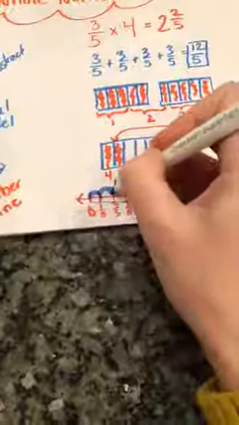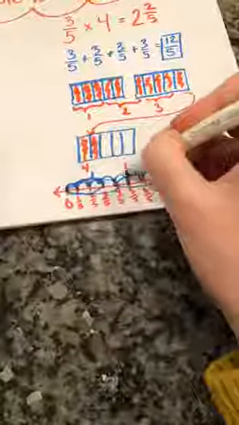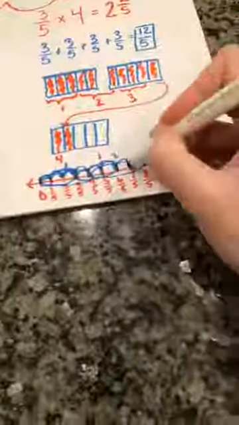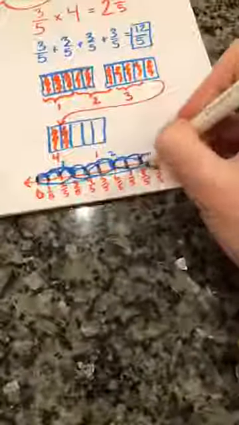So 1, 2, 3, that's one group. 1, 2, 3/5, that's two groups. 1, 2, 3/5, that's three groups. And 1, 2, 3/5, that's my fourth group. So sorry about that, guys.